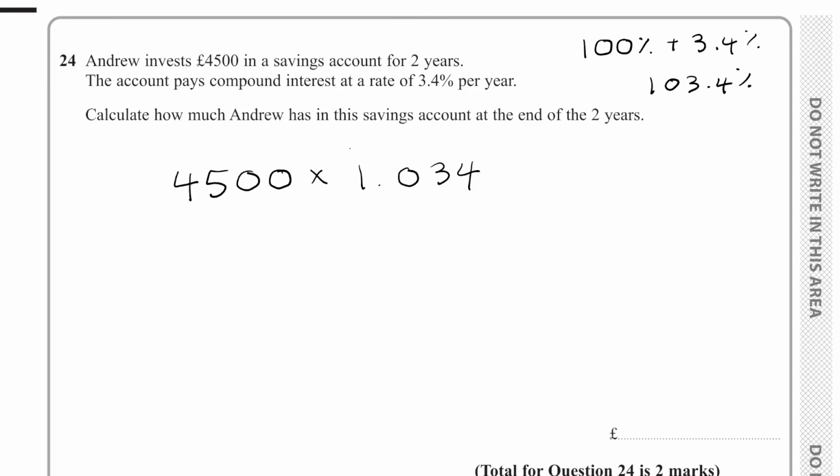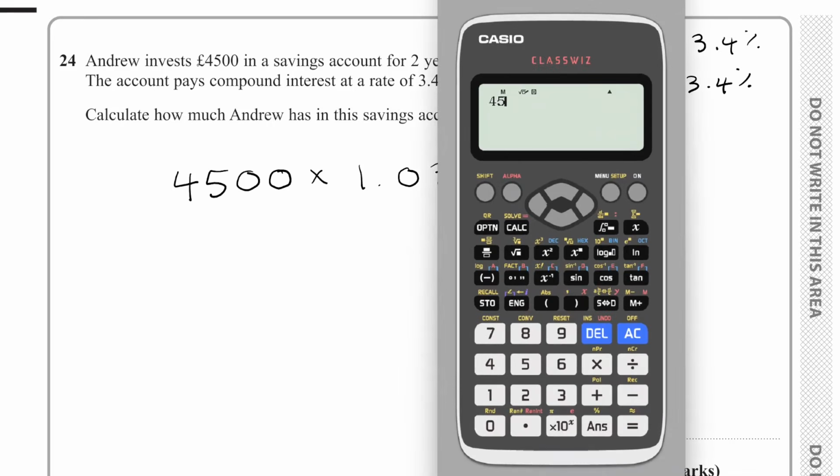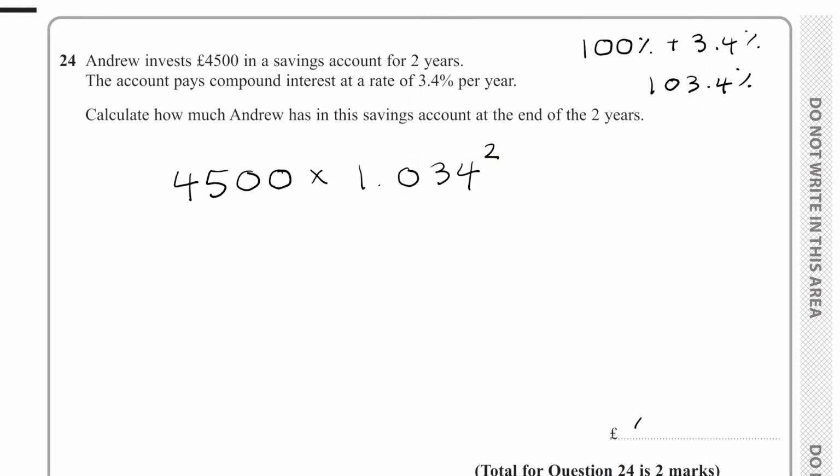So times 1.034 times 1.034 again, so squared, and this will give us our answer. So add on 3.4%, and then add on 3.4% to the new amount. So 4,500 times 1.034 squared. So we have £4,811.20.